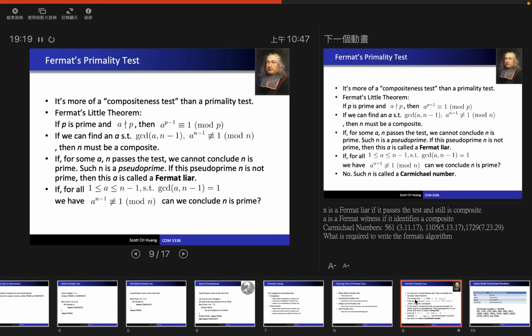Okay. Let's take a look at the first primality test algorithm. This is based on Fermat's little theorem. When we talked about Euler's theorem, I already mentioned there's a Fermat's little theorem, which is a special case of Euler's theorem. Euler's theorem is this: for any a in this set, this is Euler's theorem.